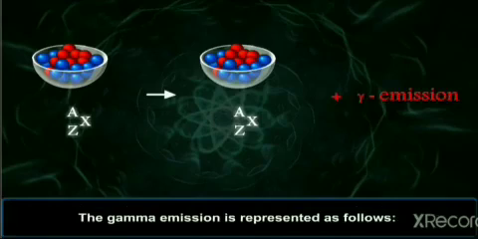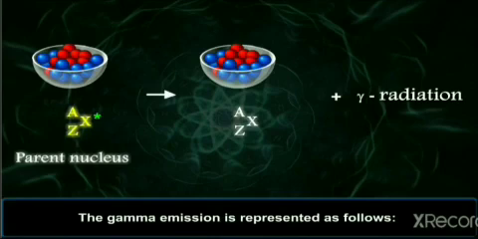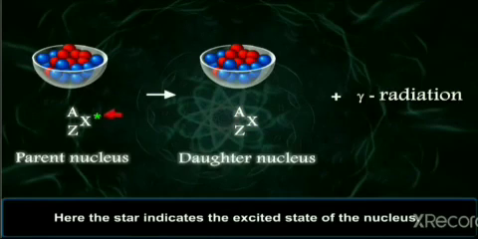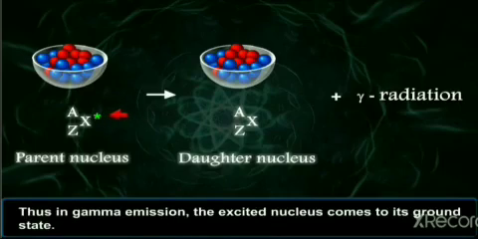The gamma emission is represented as follows. X*(A,Z), excited parent nucleus, gives X(A,Z), daughter nucleus, plus gamma radiation. Here the star indicates the excited state of the nucleus. Thus, in gamma emission, the excited nucleus comes to its ground state.